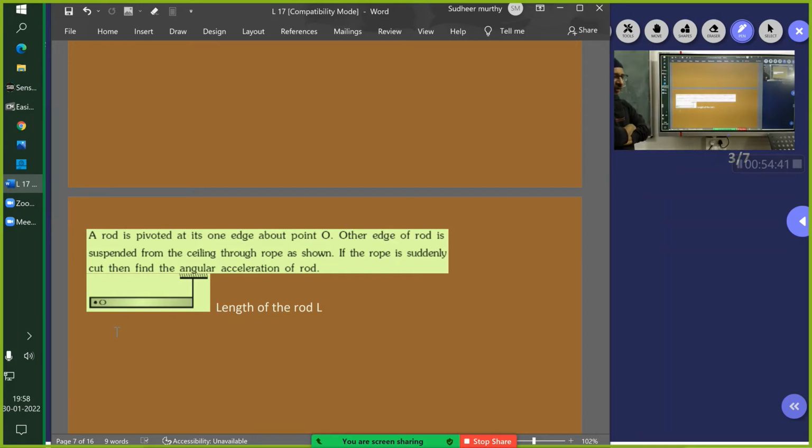Now everybody must solve this one. This is a rod which is pivoted at one end. The length is not given, so take it as L.